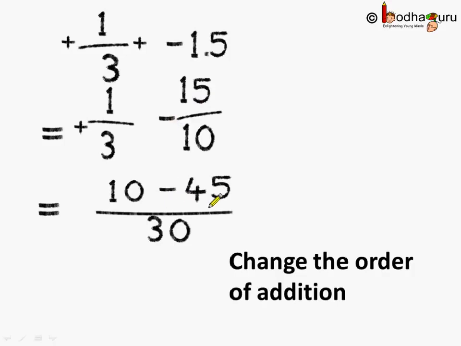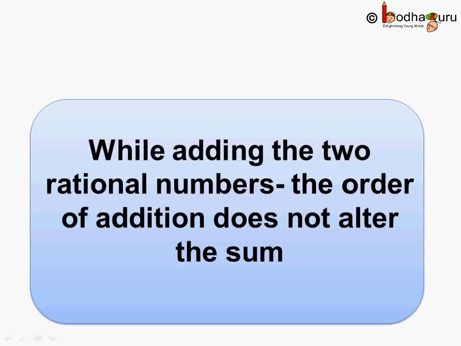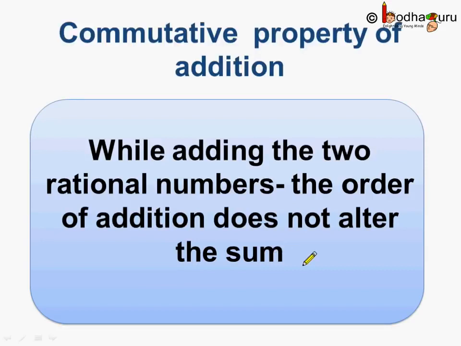So we get the answer as minus 35 by 30. What do we see? While adding two rational numbers, the order of addition does not alter the sum. This is the commutative property of addition, and we say the commutative property of addition holds true for rational numbers.